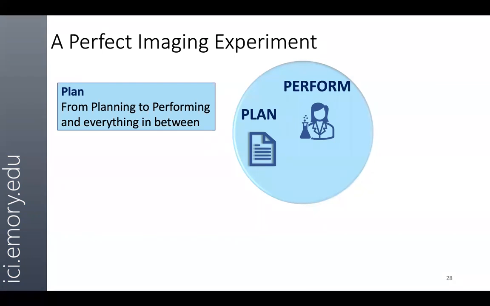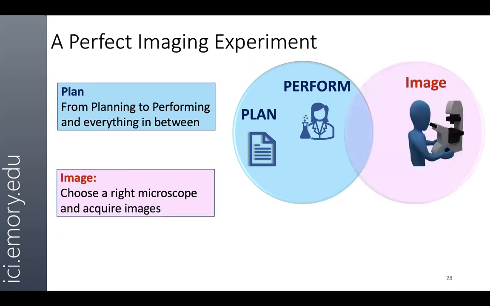The first step of any imaging experiment is planning and performing the experiment on your bench, right? And this also means you'll be discussing things with your lab members, you'll be discussing this with your PI and so on. The second step is taking an image. And in between planning, performing the experiment, as well as taking an image, comes us, right?